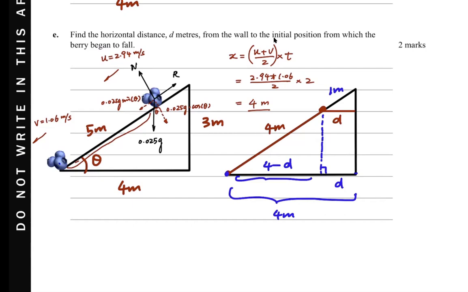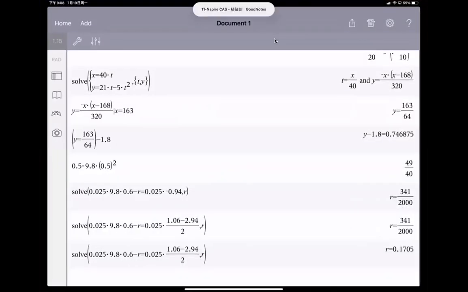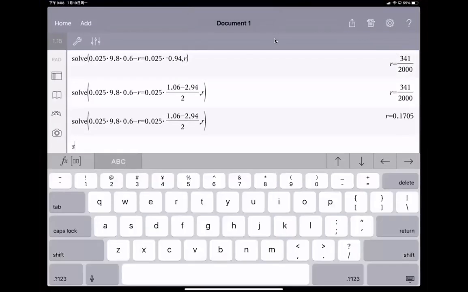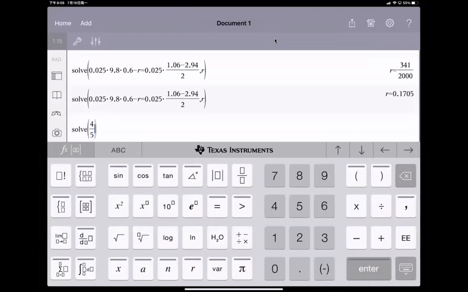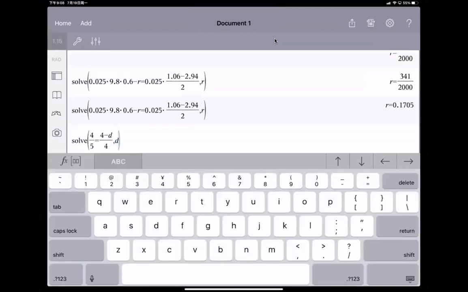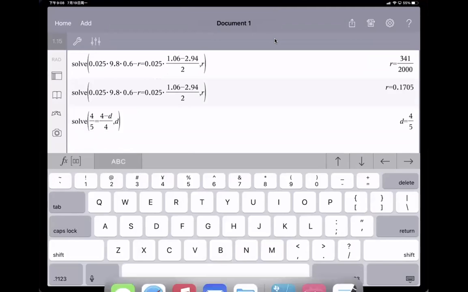Using trigonometry or similar triangles, it's 4 over 5 equals 4 minus d over 4. You can solve for that equation. D equals, so let's look at the CAS calculator. D is 0.8 meters.